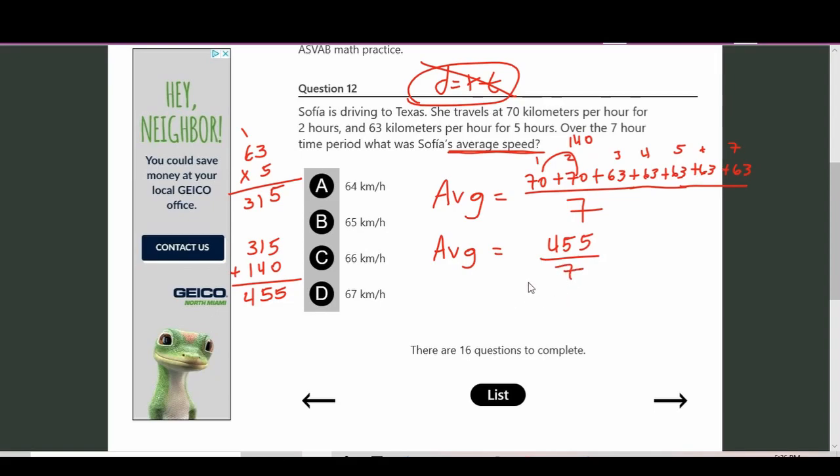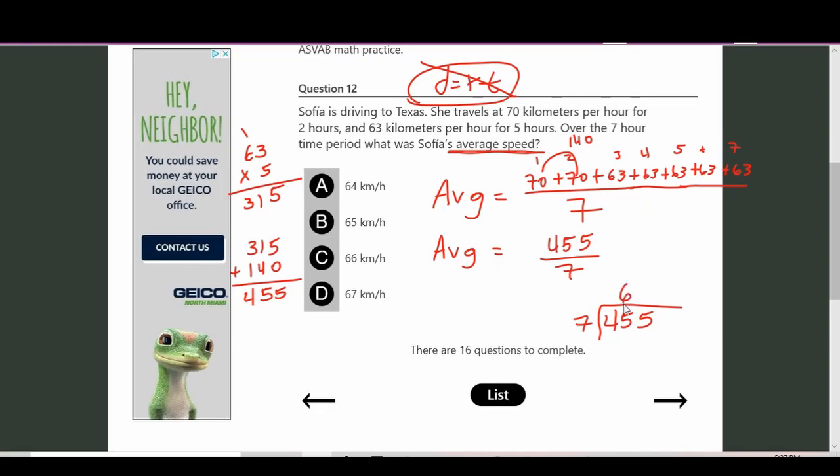Again, all fractions can be regarded as division. So we're going to do 455 divided by 7, which looks like this. Okay, no decimals to worry about, so we're ready to go. How many times does 7 go into 4? It doesn't, it's too small. How many times does 7 go into 45?